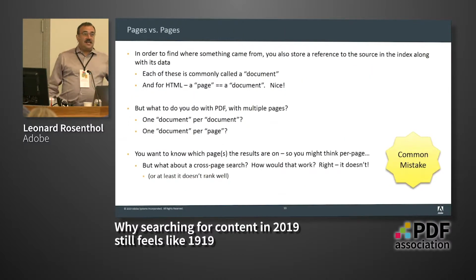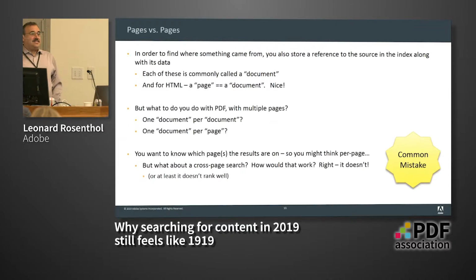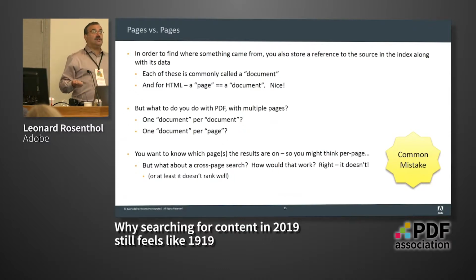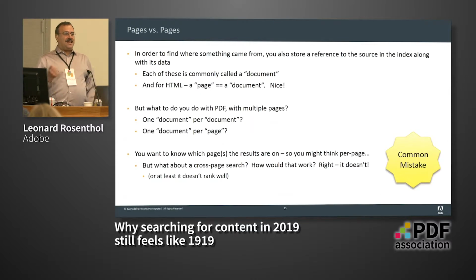All right, I mentioned the idea of split across pages. So what exactly is a page, and do you care when you index things? Unfortunately, the norm today is yes. The norm is that people index by page. So they take each page of your document and index that separately. Okay, that's a historical model of indexing. And it fails hugely when you're trying to find content that spans pages.